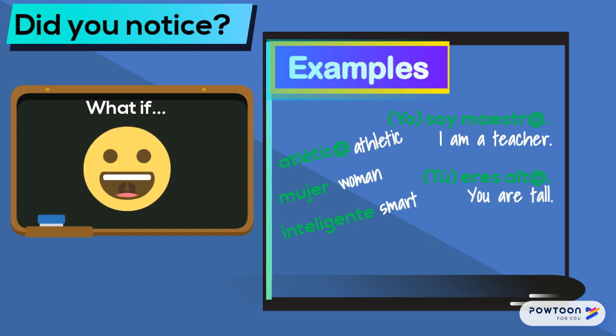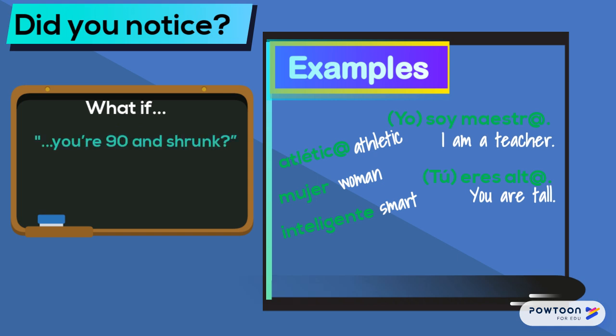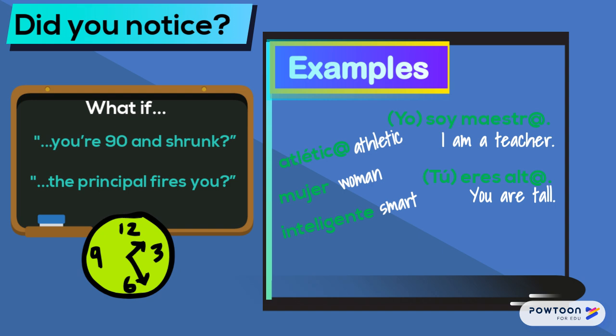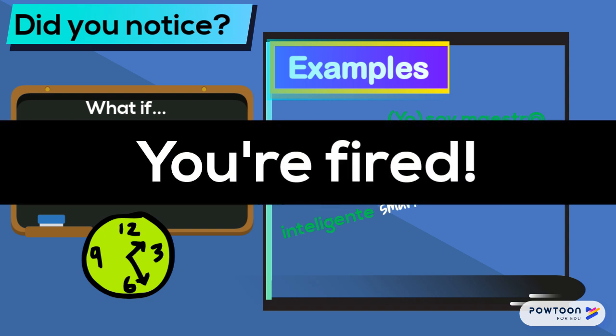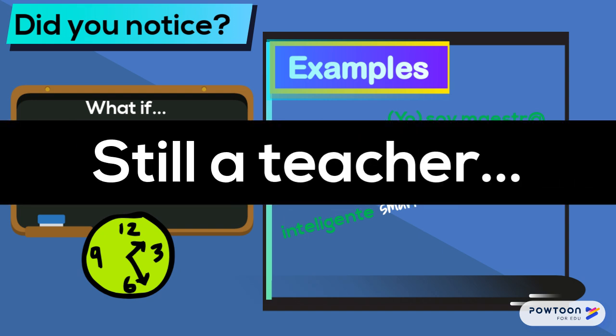Oh, but Profe, what if you're 90 years old and you've shrunk? Yes, it could happen, but I'm not going to turn 90 in the next 12 hours. But Profe, what if the principal walks in and fires you? Yes, again, it could happen, but it's not likely to happen in the next 12 hours. And even if it did, I don't suddenly stop being a teacher. It's who I am.